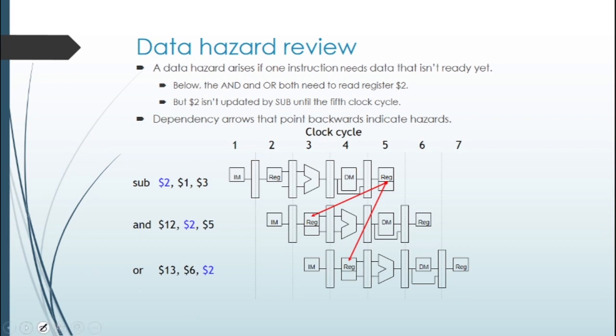These are the three instructions. The result of the first instruction is written to register number 2. The next instruction uses register number 2 as a source. The third instruction also uses register number 2 as a source. We know that the fifth clock cycle is where register number 2 is written by the first instruction, but the second instruction needs it in the third clock cycle, and the third instruction needs it in the fourth clock cycle.